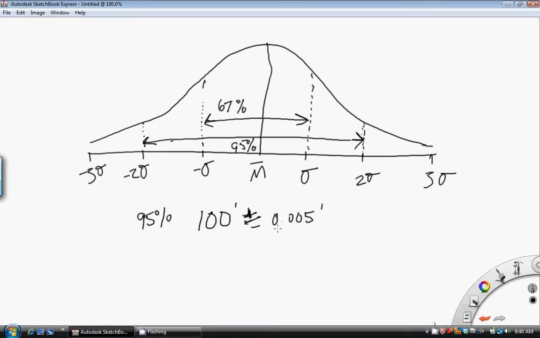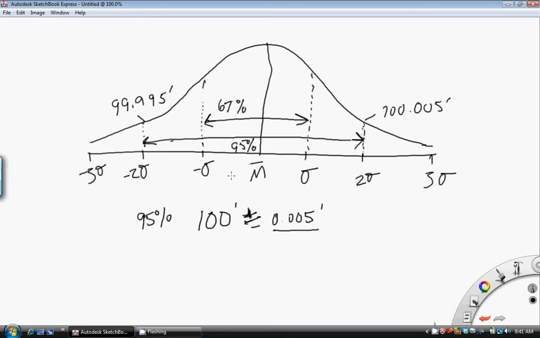So what we're saying here is plus or minus 0.005. So we're basically guaranteeing with a 95% certainty that our greatest value will be 100.005 feet, and our smallest value will be 99.995 feet.